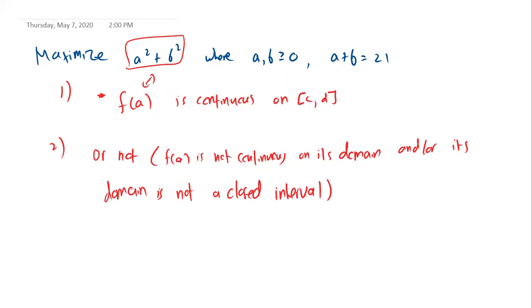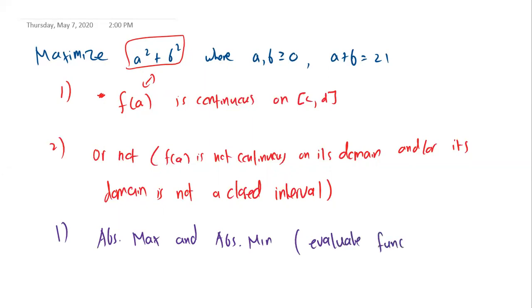And I say this because in either case, you do something different. If you're in case 1, you use that theorem we saw in section 4.2, where you just look for absolute maximums and absolute minimums. And we went over this whole algorithm for how to do this. Basically, evaluate the function at endpoints and critical points.